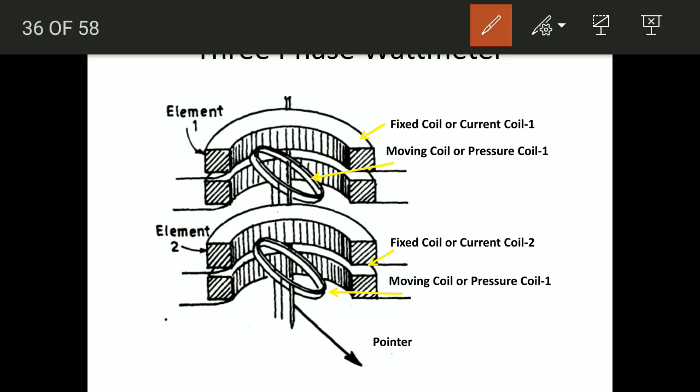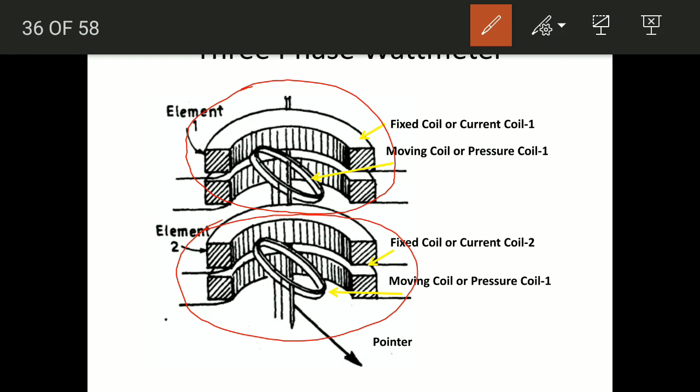So this portion indicates wattmeter 1 or element 1 and this portion indicates wattmeter 2, or you can say element number 2. Now in this case, both the wattmeters are placed in a single box.